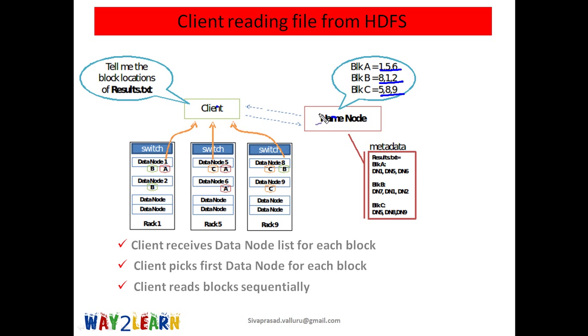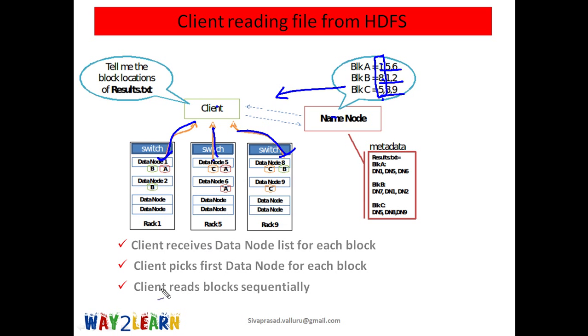The name node will return all the block locations, and the client will get the first nodes among all: 1, 8, and 5. So the client program will read the blocks accordingly and get the data.